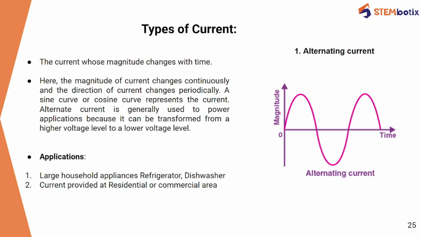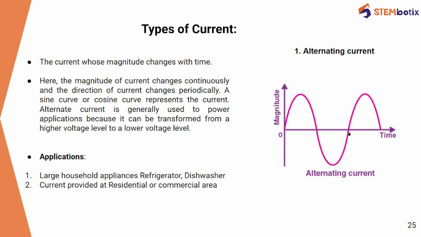So in alternating current, as you can see from its name, it is the kind of current which alters or changes its magnitude. From this graph, you can see we have a graph between magnitude and time. What you can see here is a sinusoidal wave.